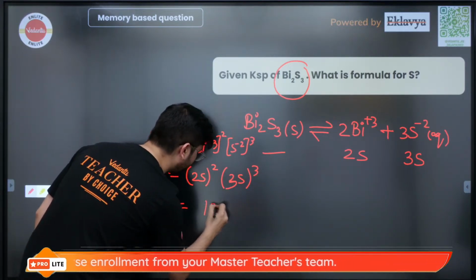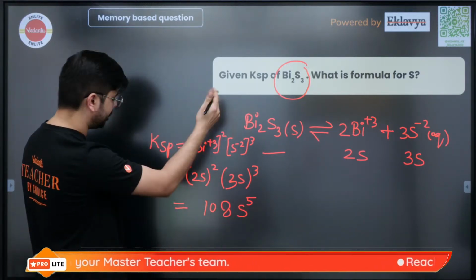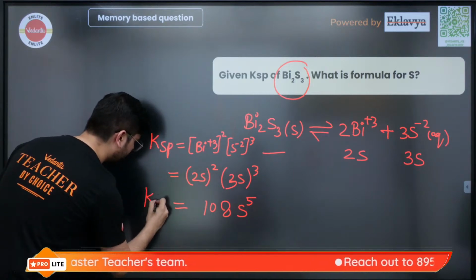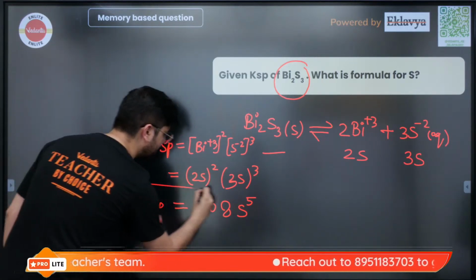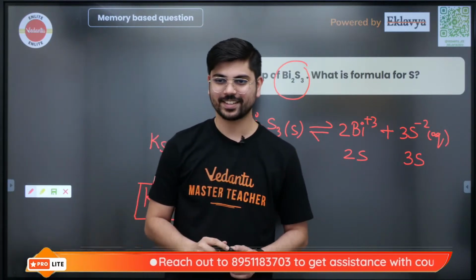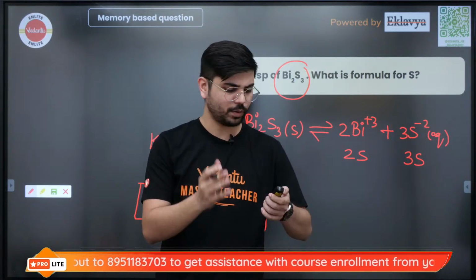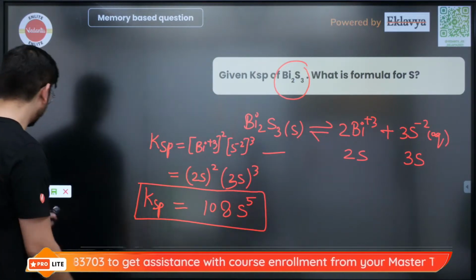That will be 108 S to the power 5, and it was equated to Ksp. So we could have easily calculated the value of S. It is an NCERT based question, and I don't think it was difficult for you at all, right?